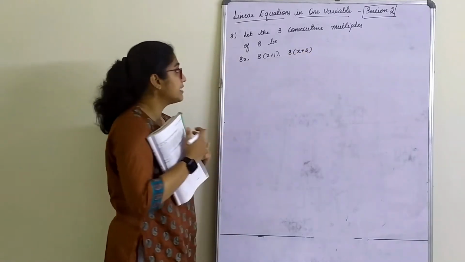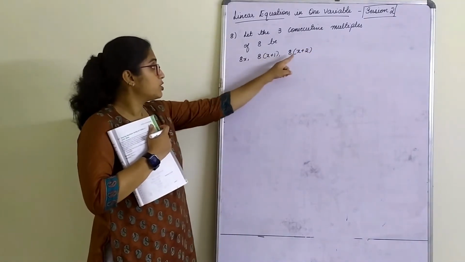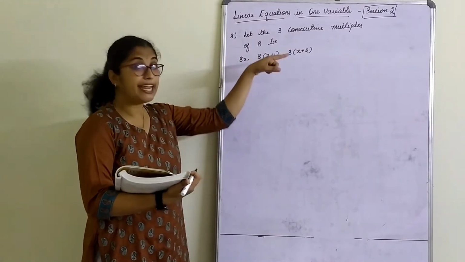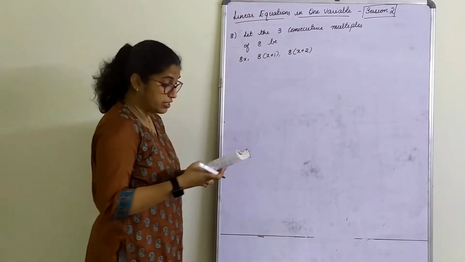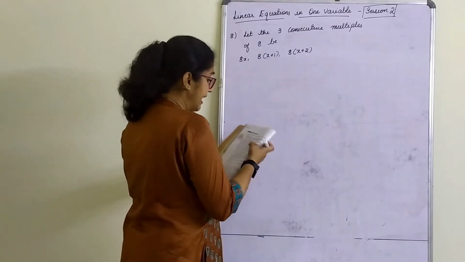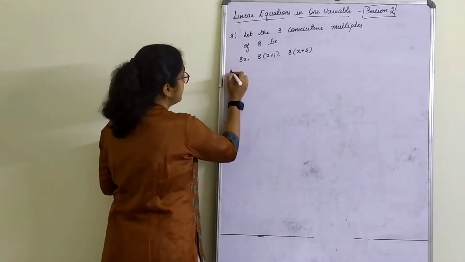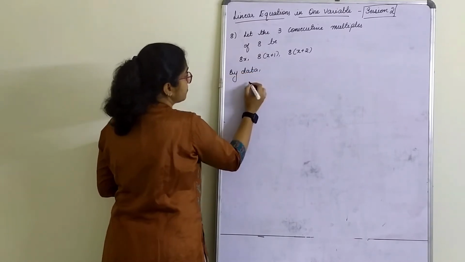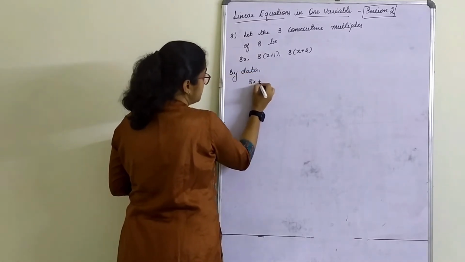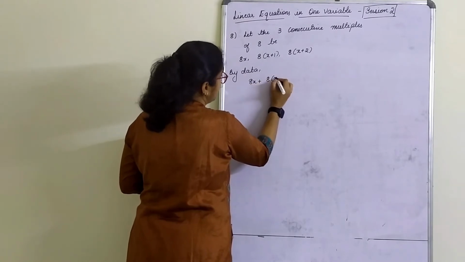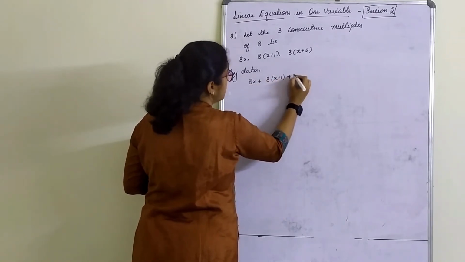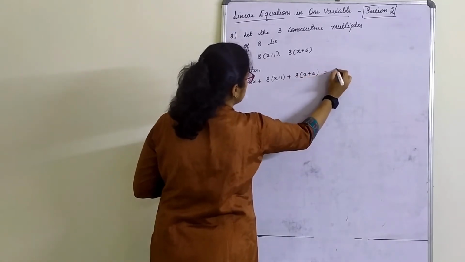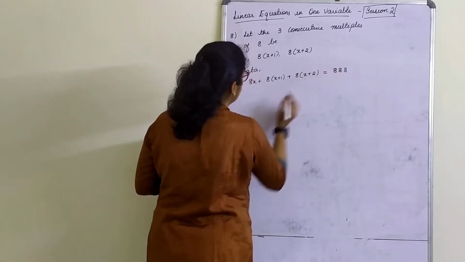See here, consecutive numbers are x, x plus 1 and x plus 2. Multiples of 8 will be 8x, 8 of x plus 1, 8 of x plus 2. They add up to 888 by data. 8x plus 8 of x plus 1 plus 8 of x plus 2 is equal to 888.